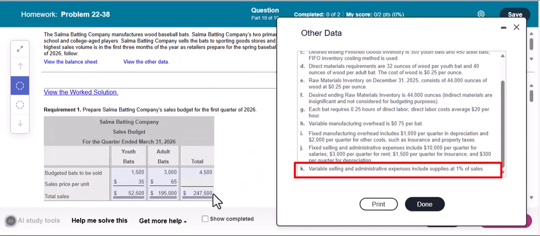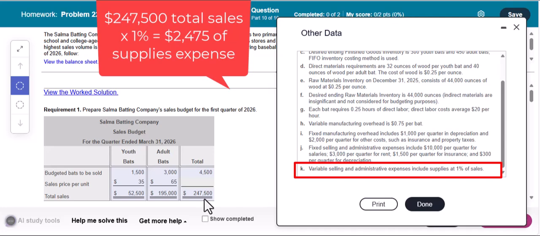So our sales budget here, our total sales are $247,500. You can do the math in your head, or you can do it in the calculator, but that is going to be $2,475 for our supplies expense here, because that is 1% of these sales.